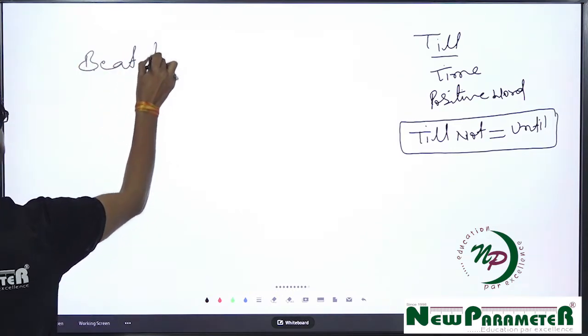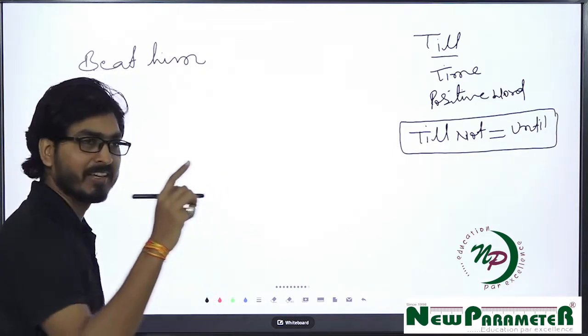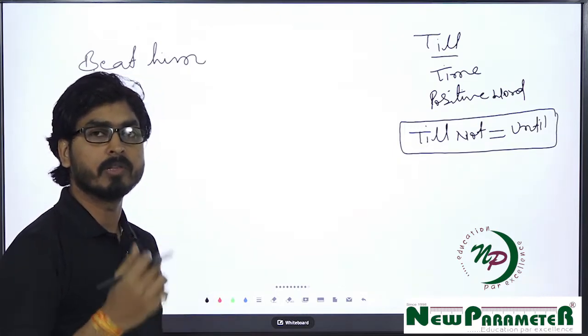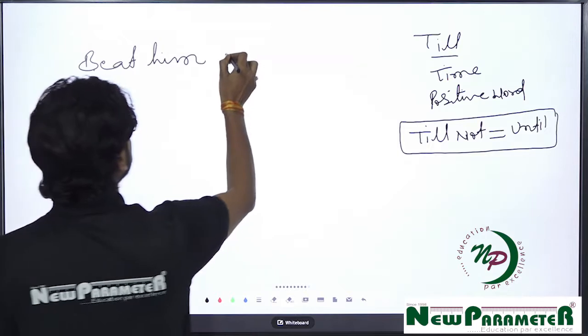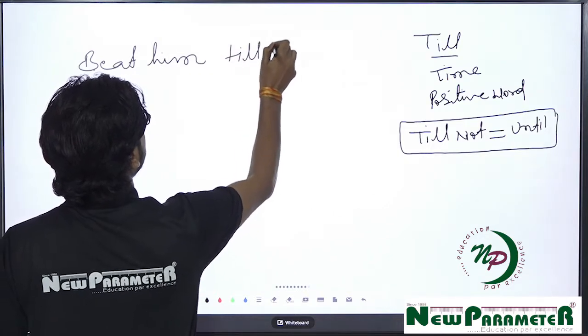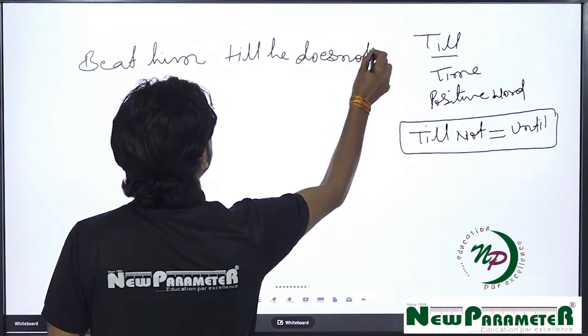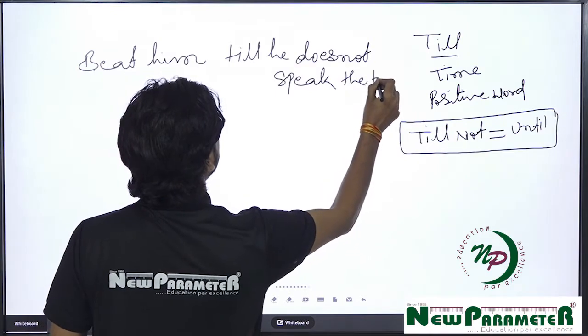Beat him. उसे मारो. कब तक? जब तक सच ना बोल दे. Beat him till he does not speak the truth.